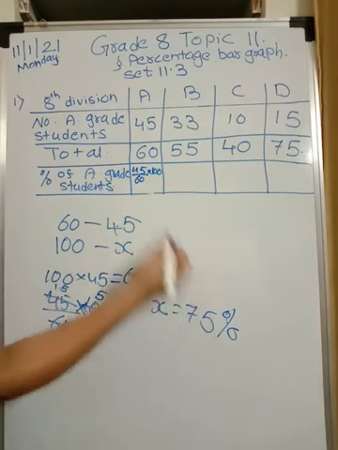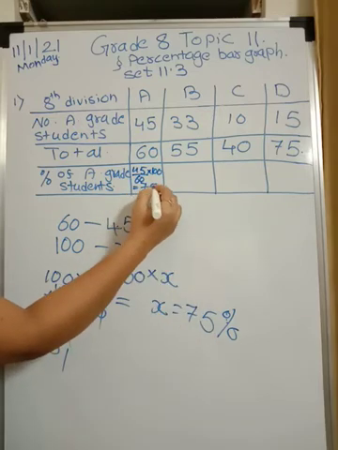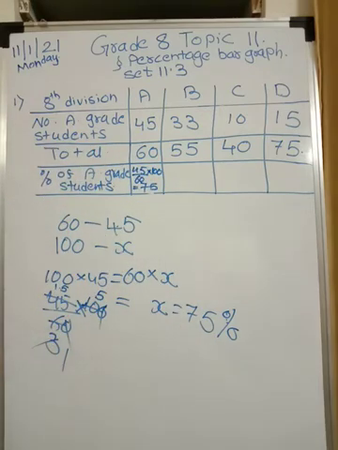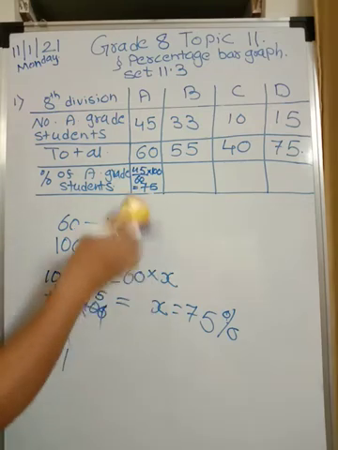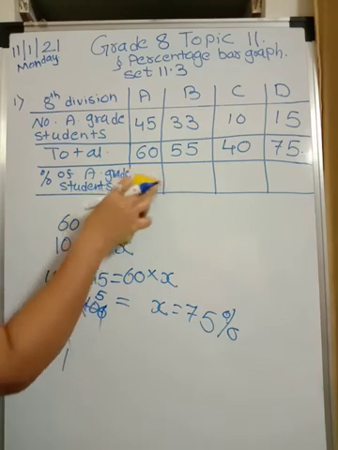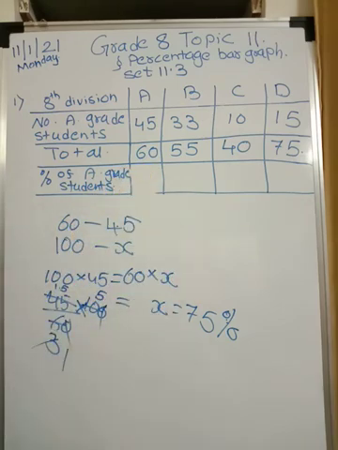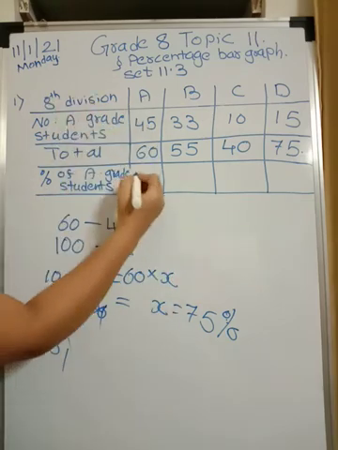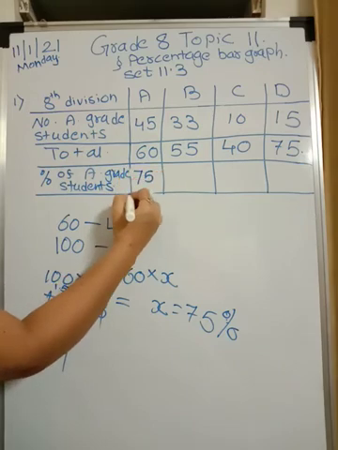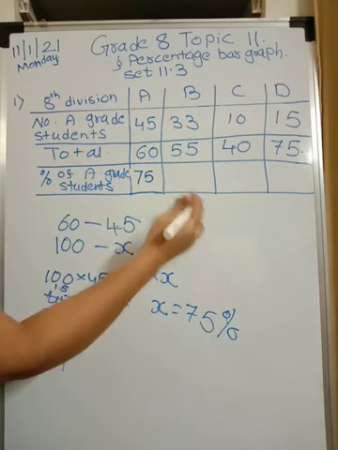And what is the answer we got? 75. So answer is 75 percentage. Have you understood? We got 75. So I am writing over here only 75. So what is the percentage of A grade students in A division? 75%.